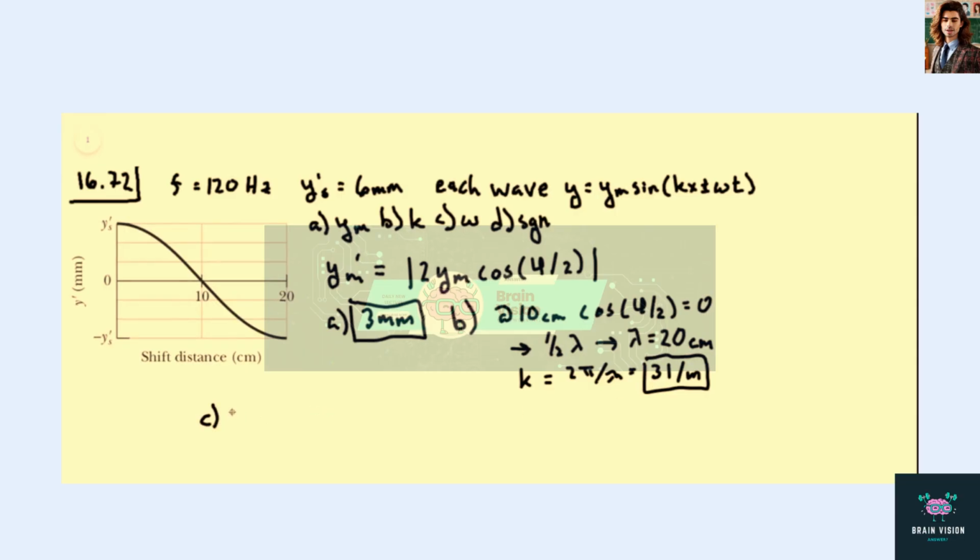Now for the angular frequency, we know that this is 2 pi f. We're told f is 120 hertz. So this is 754 radians per second.